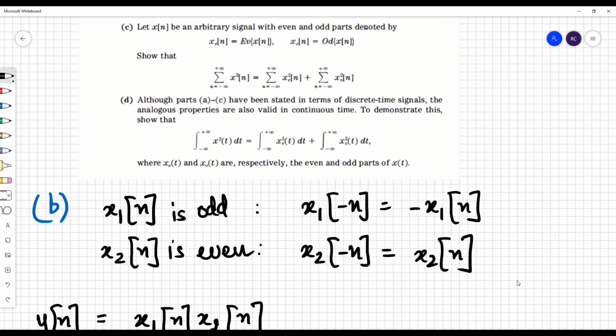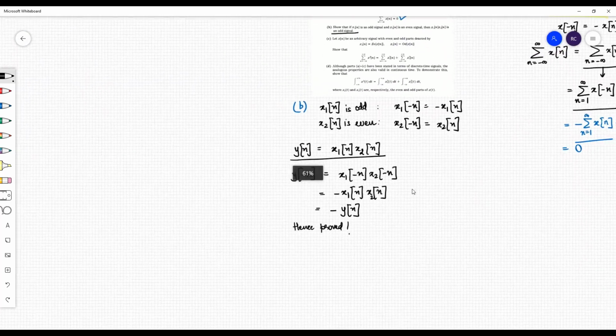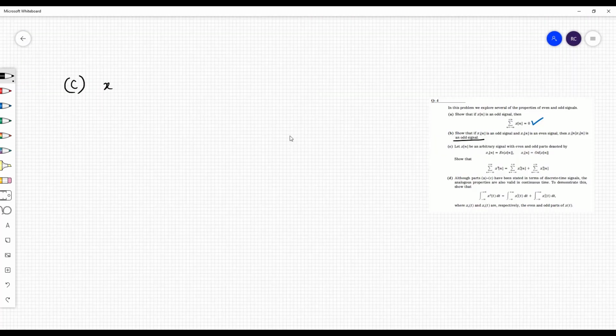So let's just see what that means. Okay, we know that x[n] can be written as sum of two functions, one of which is the even version and one of which is the odd version, right?